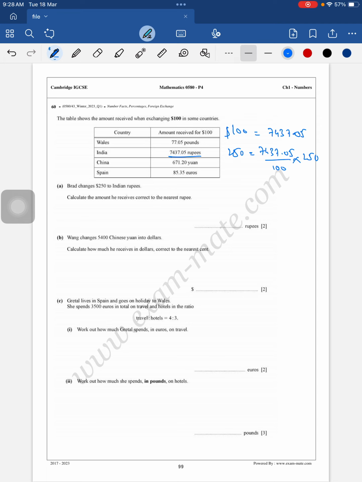We can write that as 18593, correct to the nearest rupee.